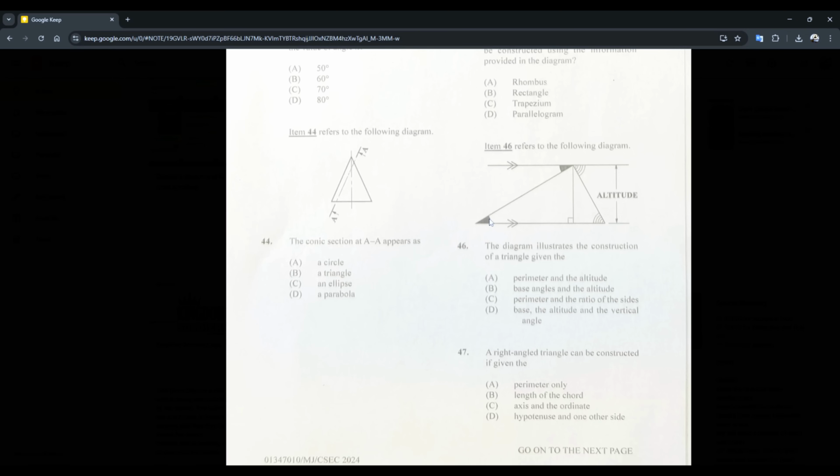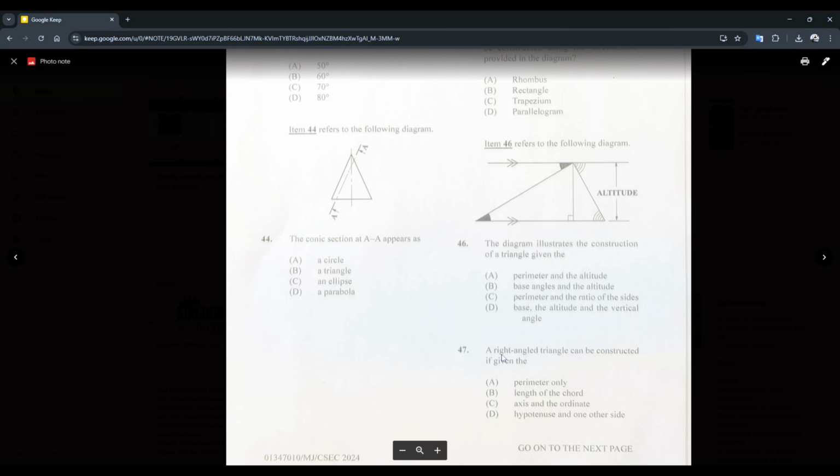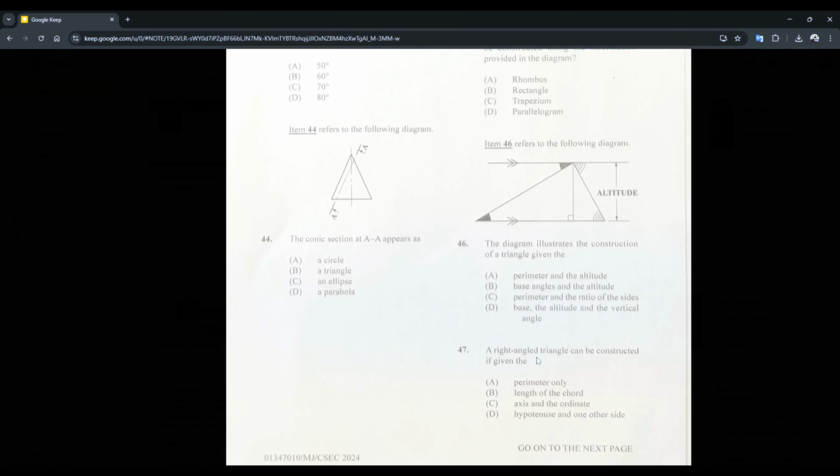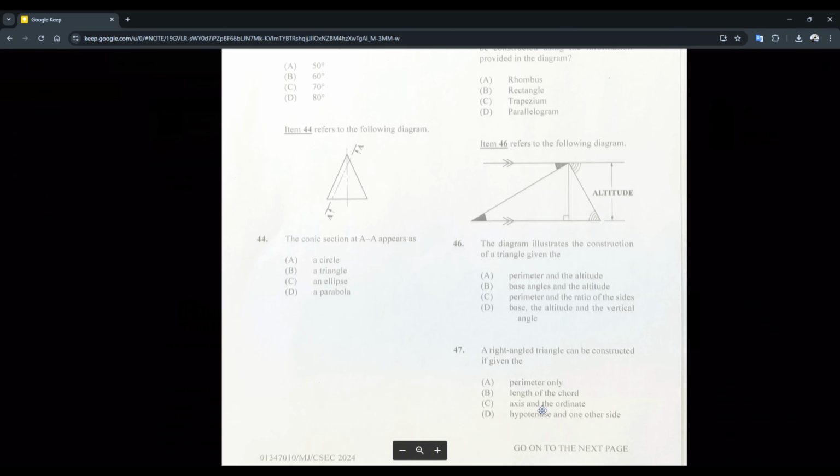Seems like they gave us the base angles, these two, and also the altitude. So 46B. 47. A right angled triangle can be constructed if given the D, hypotenuse and one other side. Hypotenuse and one other side, D.